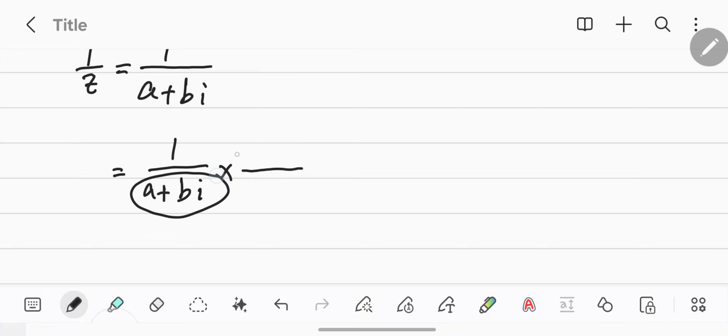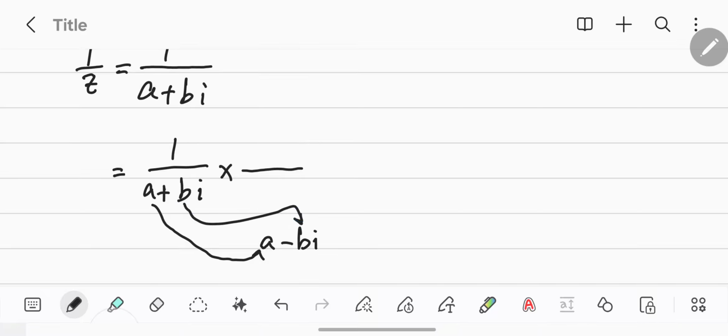If this is the complex number, then its conjugate is a minus b iota. In the conjugate, you take the real part as it is, and the imaginary part is flipped. If it is positive, make it negative. If it is negative, make it positive. So this is called the conjugate.